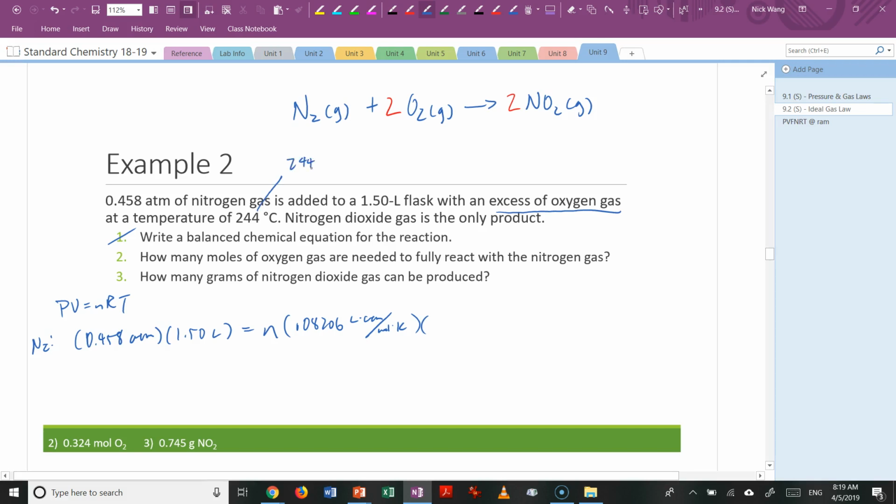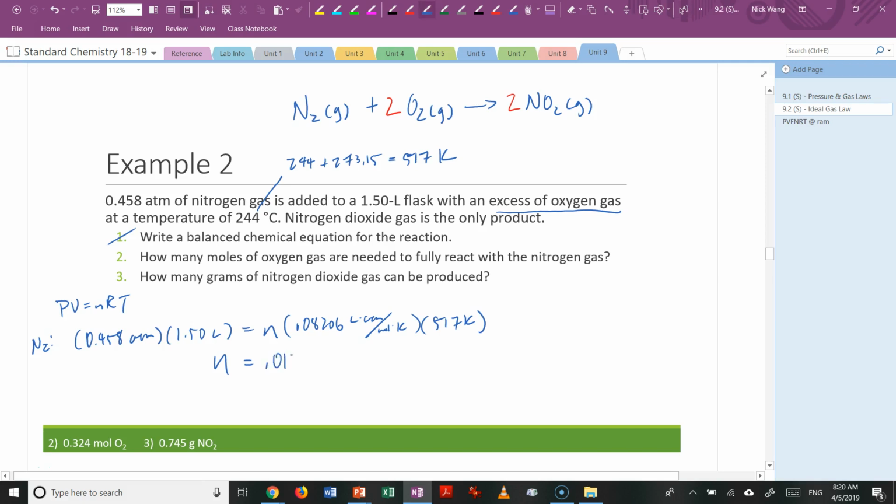So that work right here, 244 plus 273.15, results in 517 Kelvin. Take that, plug it in here, 517. Okay, all right, so we have this setup right here. This will eventually solve for the mole amount of N2, which I can then rearrange to solve for.